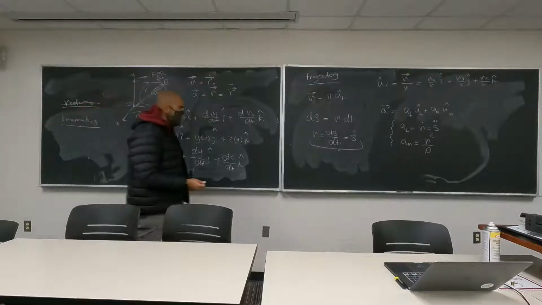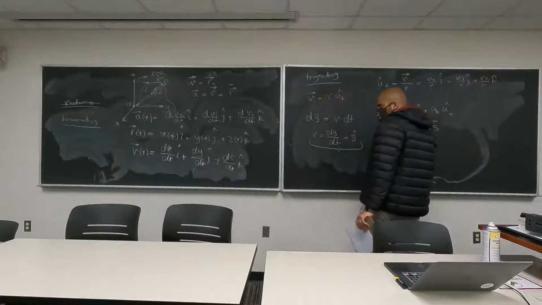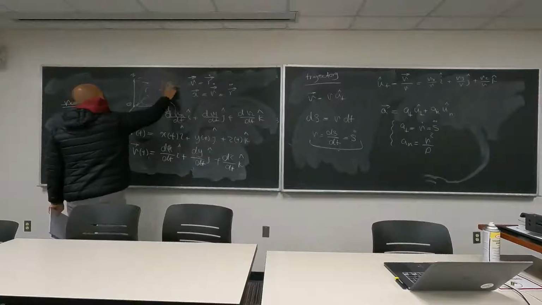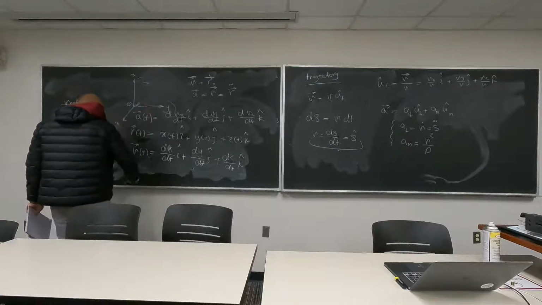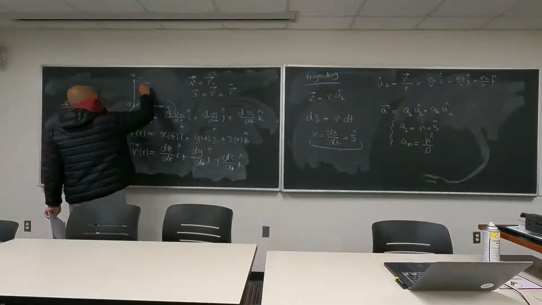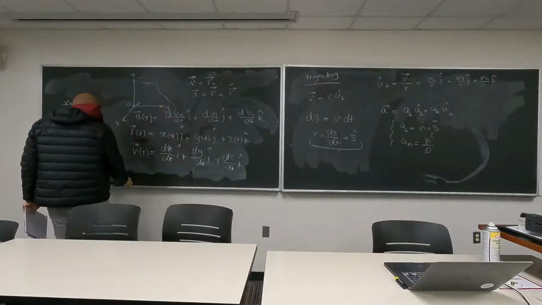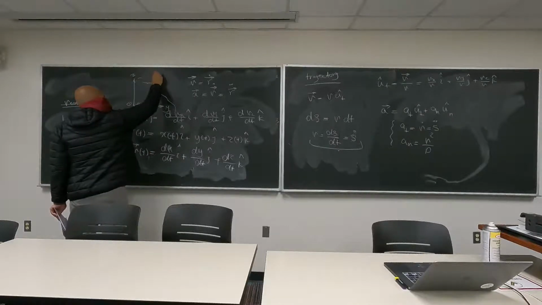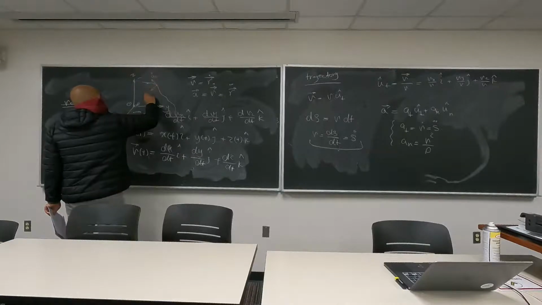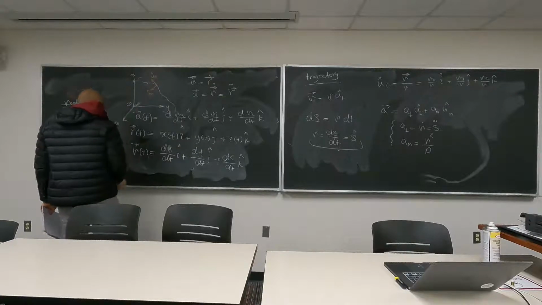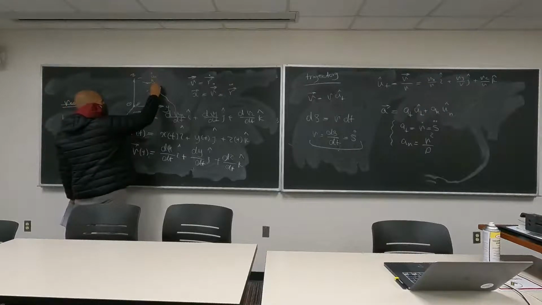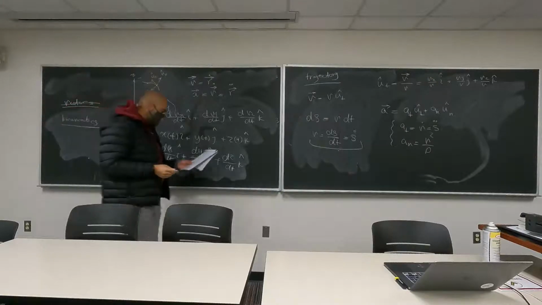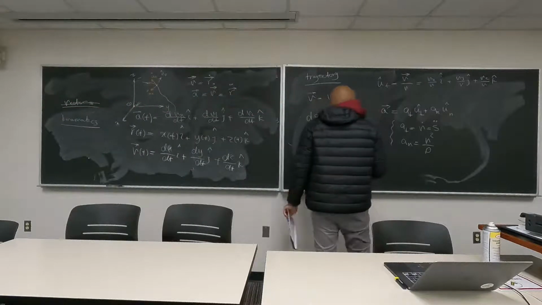So we have two unit vectors. When it comes to this point P, the movement of point P in this trajectory, we have two unit vectors. Let's say this is P, tangential u of t, and u of n. We can define a third one, u of b, which is called the binormal unit vector.